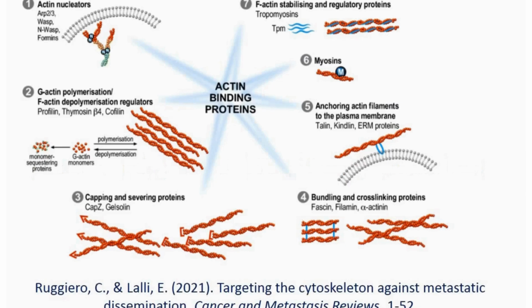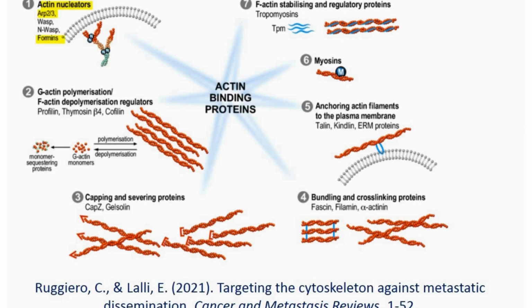This review gives a comprehensive account of various actin binding proteins. At the very outset, we have actin nucleators. Under the category of actin nucleators, we have ARP2/3, VASP, N-VASP and formins, of which in my lecture I will be talking about ARP2/3 and formins.